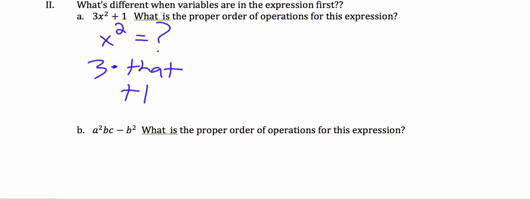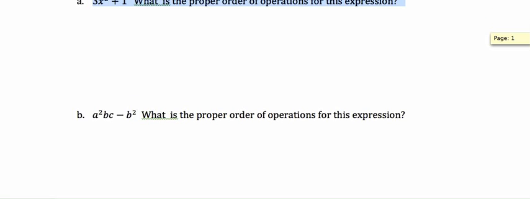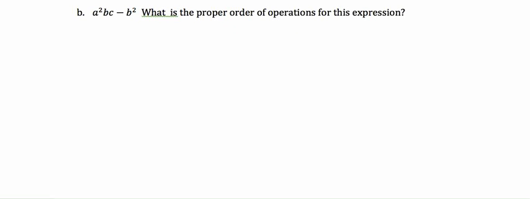Think about it here. What would be your proper order of operations there? Try to figure it out. Maybe think about it, write it down, and then come back. I'll tell you what the answer is. So looking at this one, we've got multiple exponents, so I would need to do a squared and b squared, figure out each of those first.